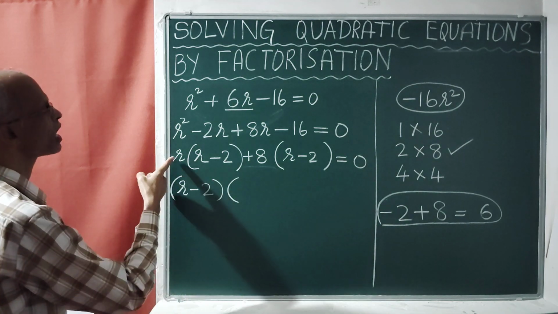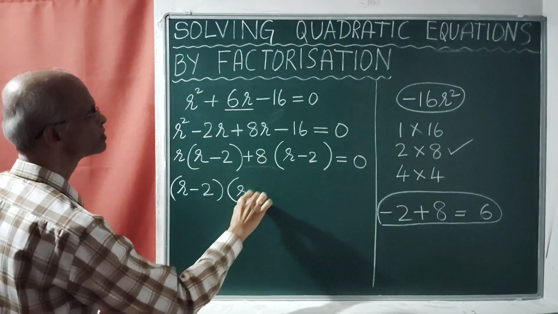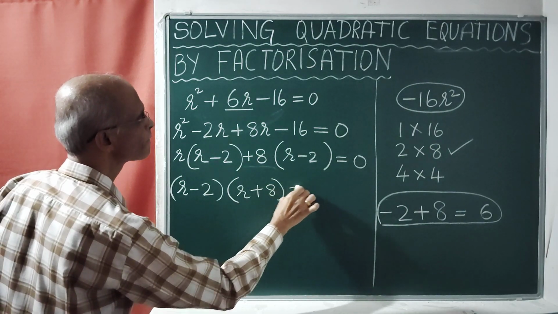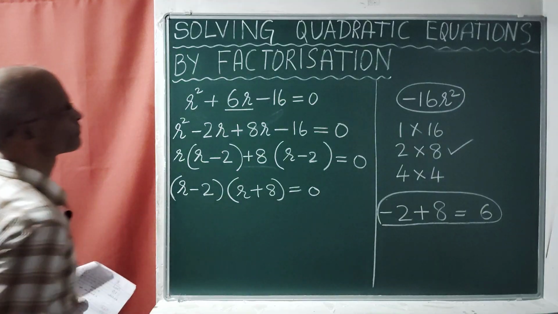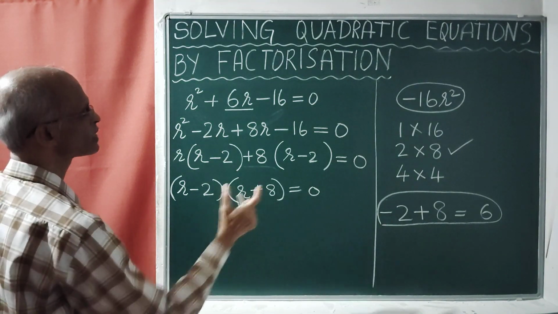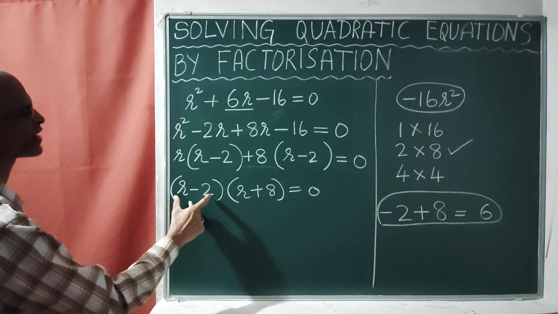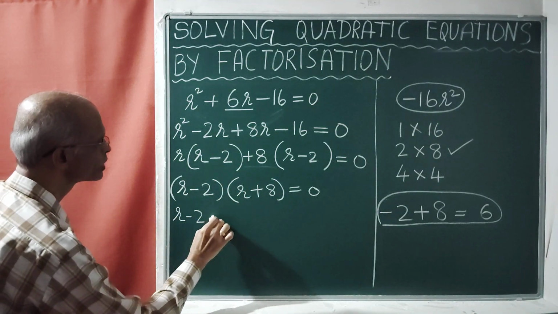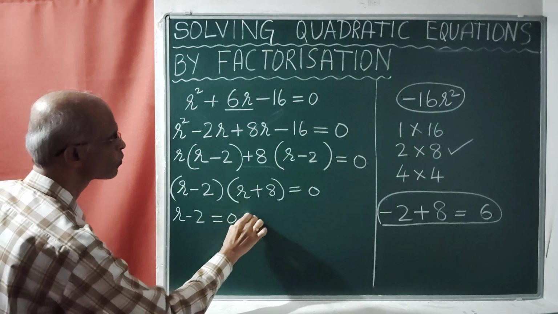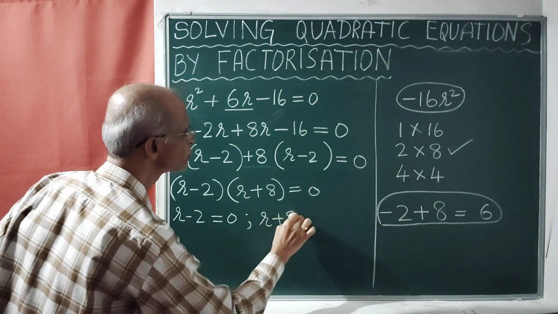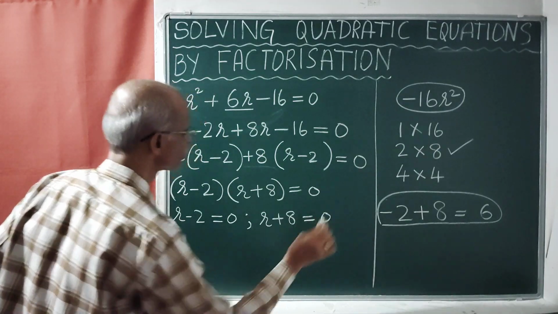And what is left here? r plus 8. So I have got two factors, r minus 2 and r plus 8. I will equate each factor to 0. r minus 2 is equal to 0, r plus 8 is equal to 0.